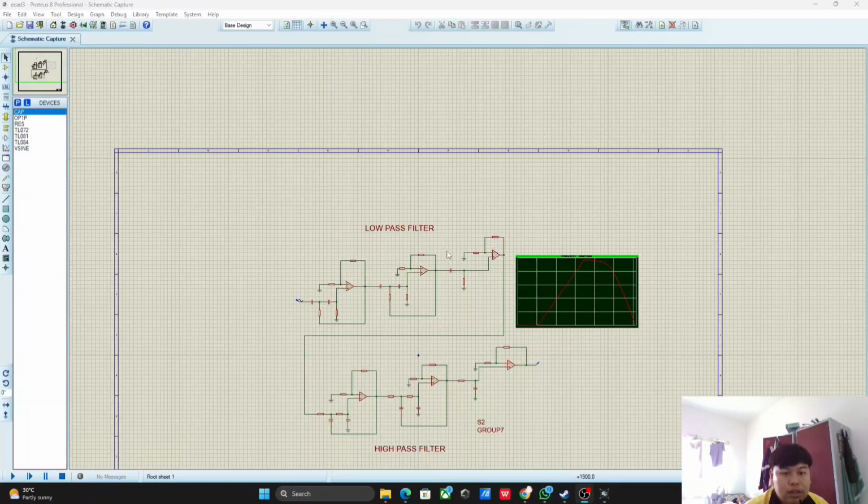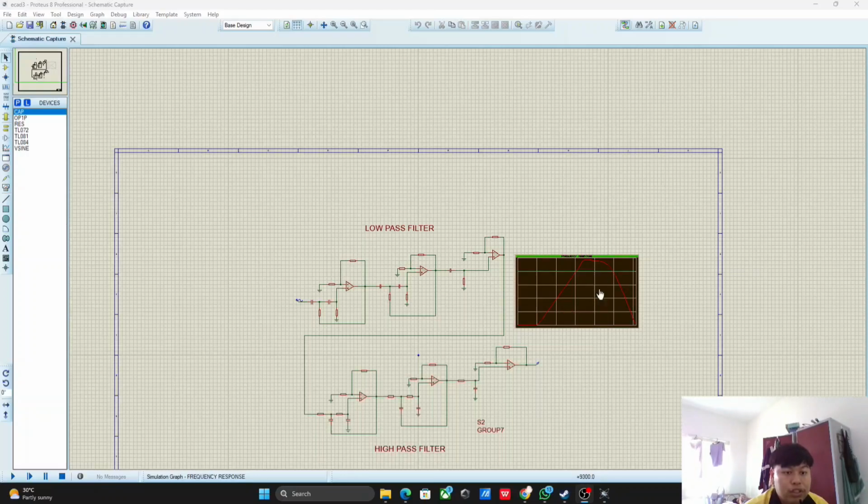These values were obtained using ideal Sallen-Key filter equations where the operational amplifier is assumed to be ideal, meaning it has infinite gain and infinite bandwidth.